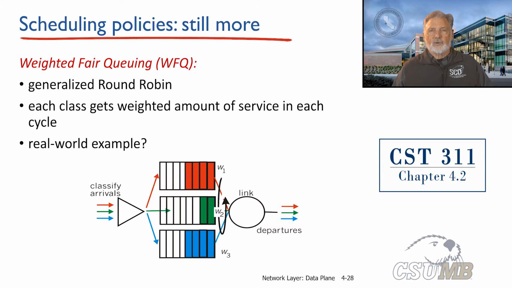The final scheduling policy we will look at is weighted fair queuing. Instead of giving each traffic class an equal share of the bandwidth, each class is assigned a different percentage. An example might be to give real-time traffic such as voice and video 60%, web traffic 30%, and all other traffic 10%.